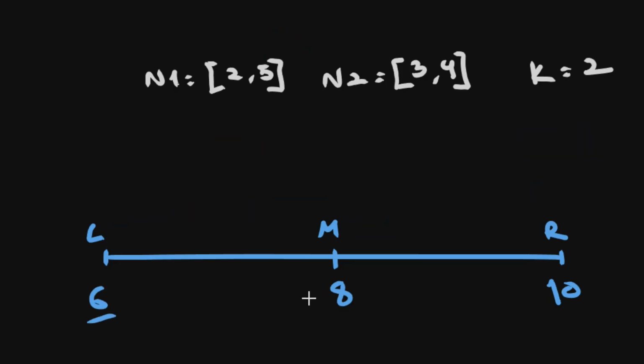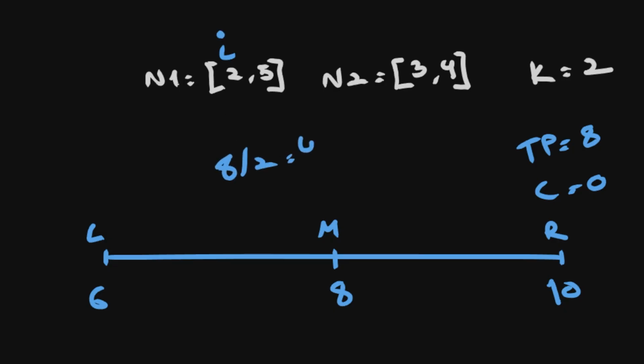So now left is 6, right is still 10, and the midpoint is 8. So our target product is 8, the count is 0. Now we're here with the I pointer, and we are looking for 8 divided by 2. So we are looking for 4 here. And if we run a binary search with 4 here, we will get this, meaning 2.